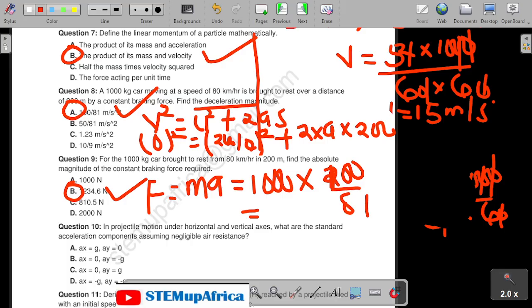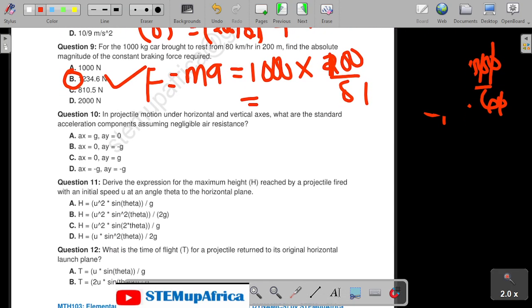Then number 10. In a projectile motion, under horizontal and vertical axes, what are the standard acceleration components, assuming negligible resistance?